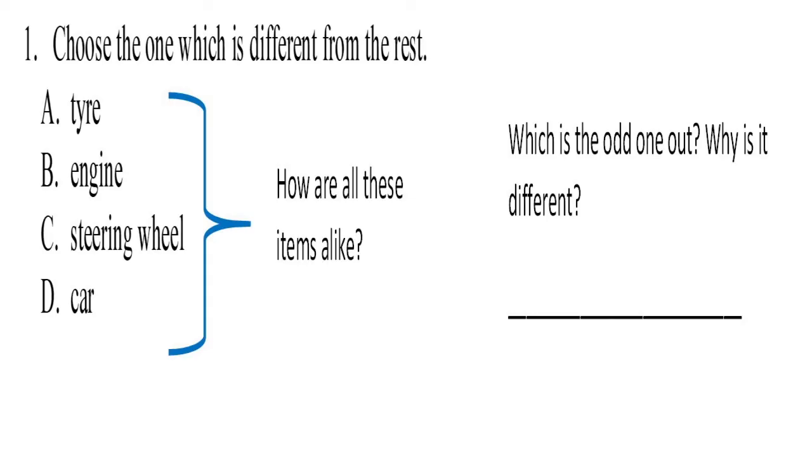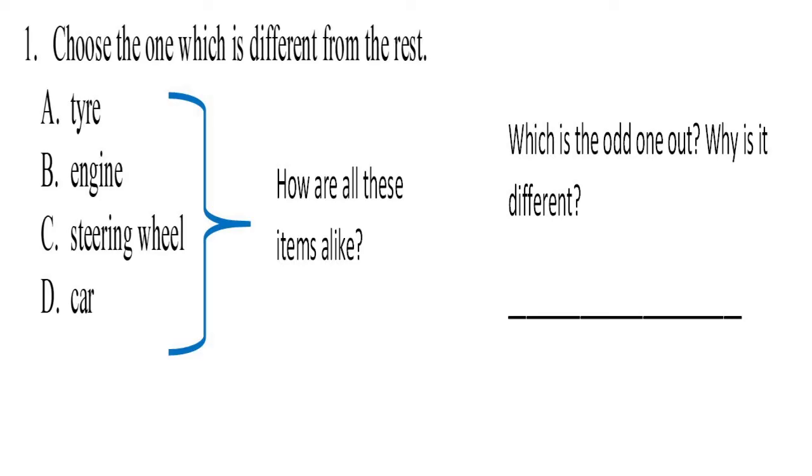Well, they all form a part of a car or a bus or a van, but now that we know how they're all related, which is the odd one out? Is it A, tire, B, engine, C, steering wheel, or D, car?